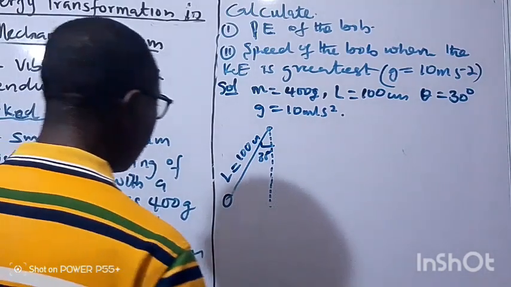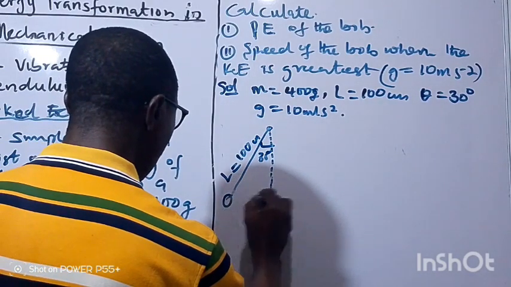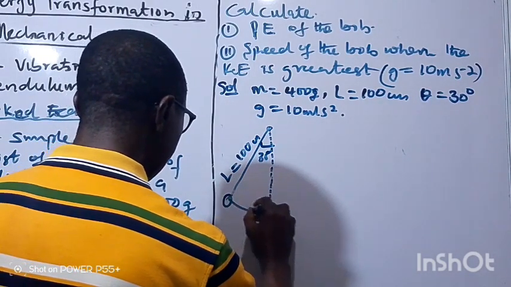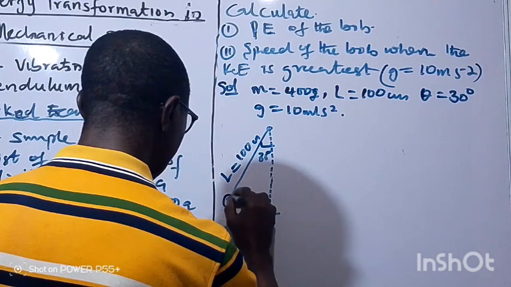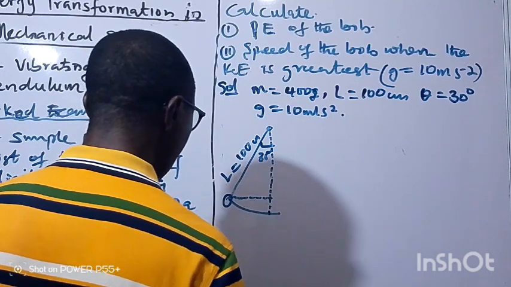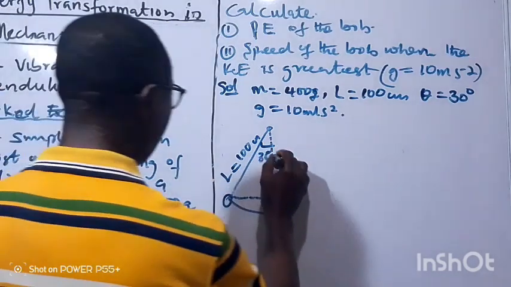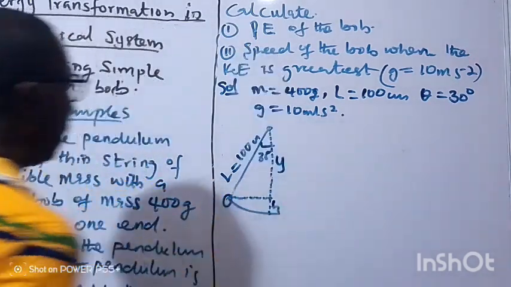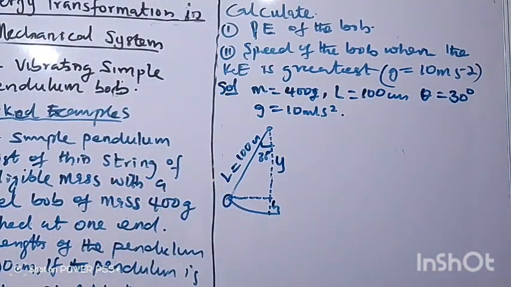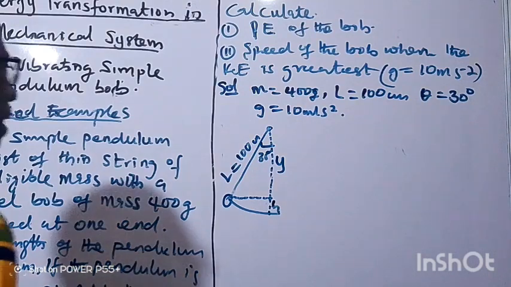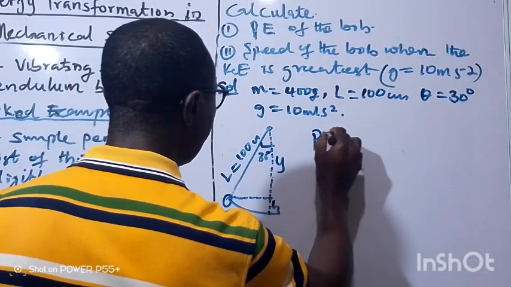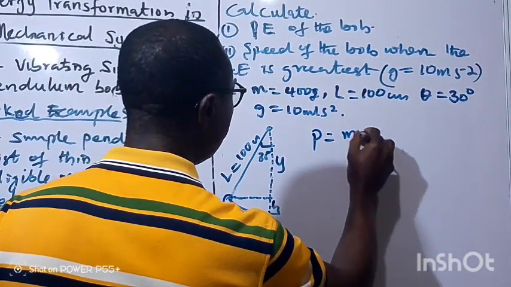Now, when it is displaced, we are going to add this place as our height. This is the vertical distance. The first question says calculate PE, and mind you, PE is equal to mgh.